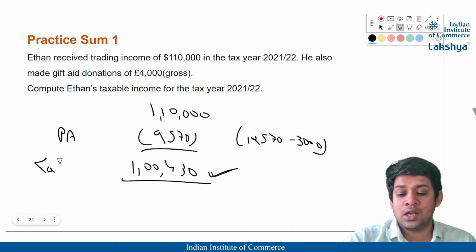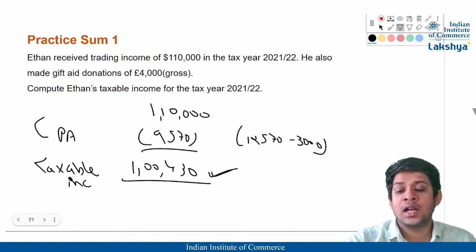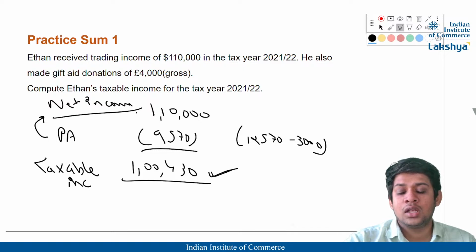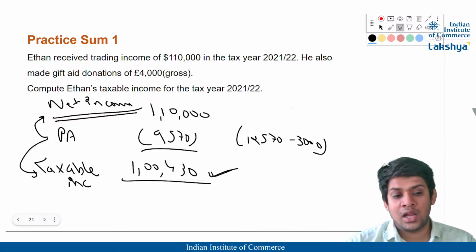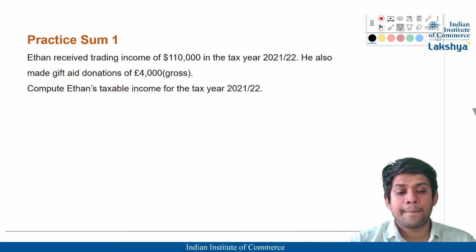This will be your taxable income. Always remember, guys, after taking all the incomes and deducting all the reliefs you get net income. After you deduct the PA, it becomes your taxable income.